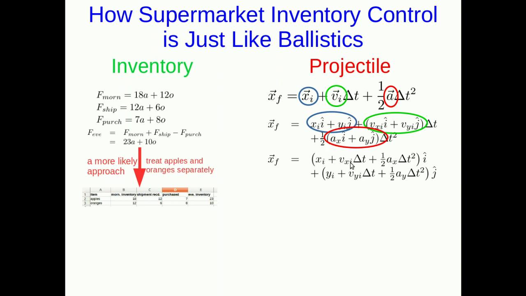Because remember that all that's going on with vectors is that we have to treat the x components and the y components separately. And particularly in projectile motion, that's convenient because they act totally independently. And so instead of writing a big ugly thing like this, you can just split it out and work with your x components and somewhere else work with your y components separately.